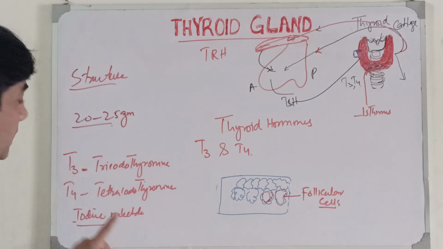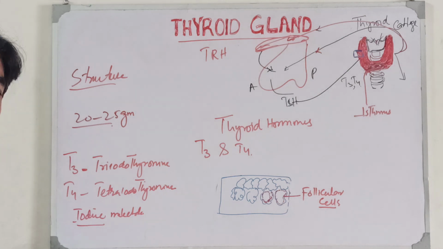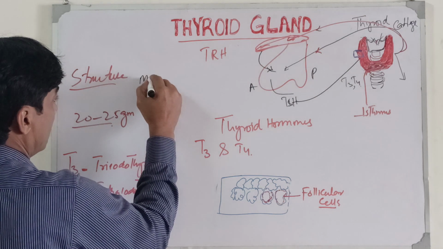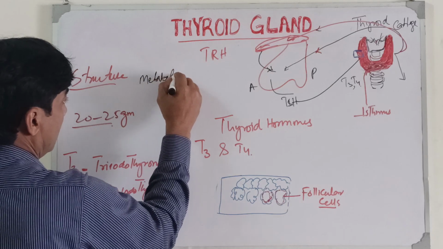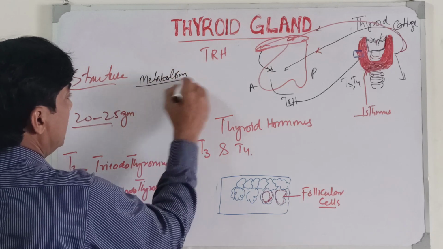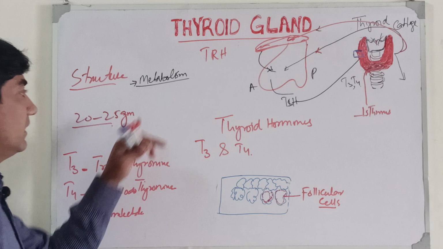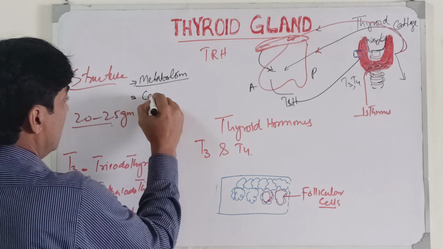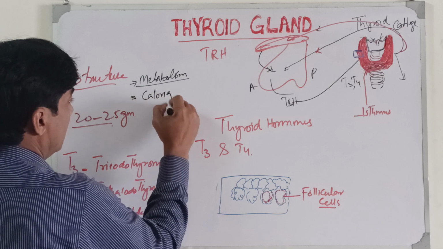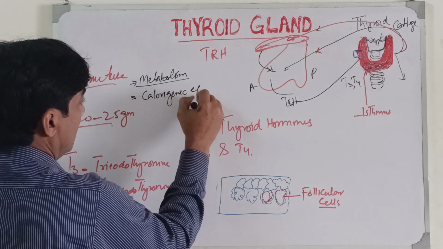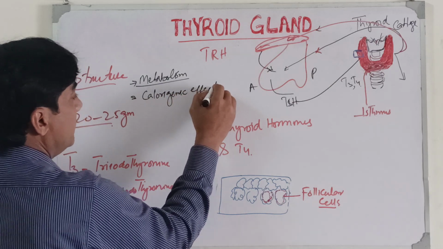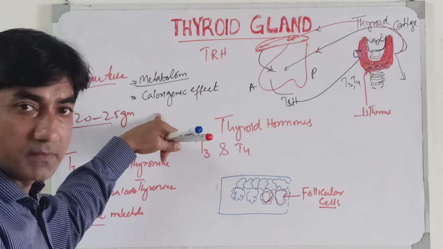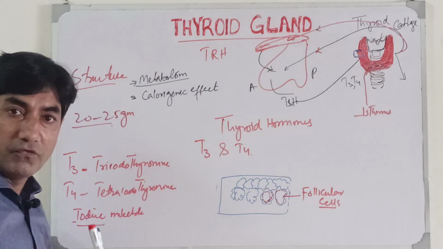So, what do T3 and T4 do? T3 and T4 basically enhance metabolic activity. Due to metabolism, they increase the calorigenic effect. Calorigenic effect means heat production. It increases heat production, especially in cold weather.